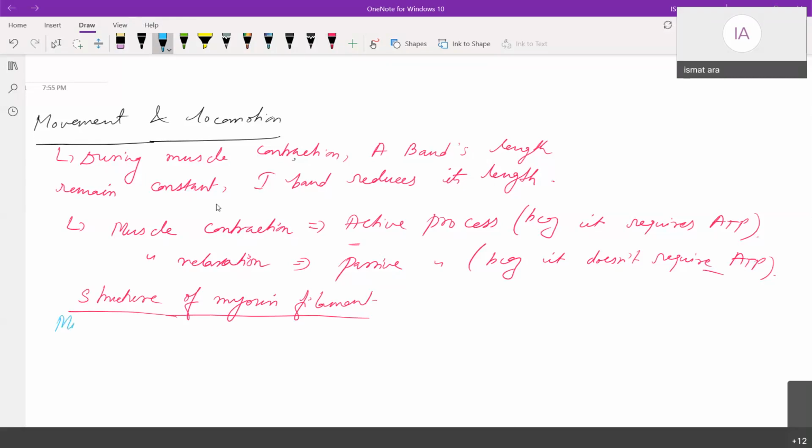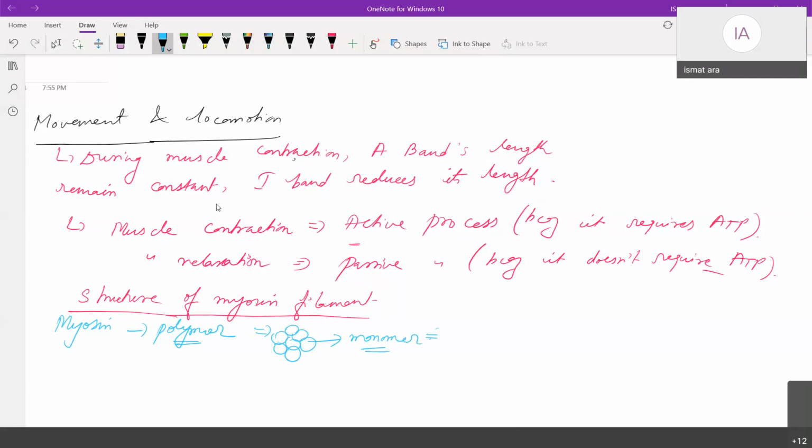Because we know that myosin is a polymer. If it is a polymer, each structure is called a monomer.